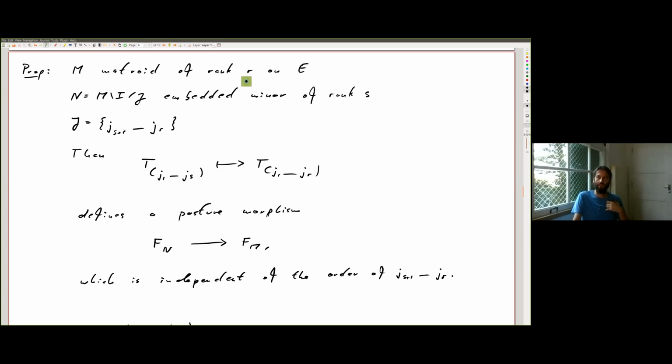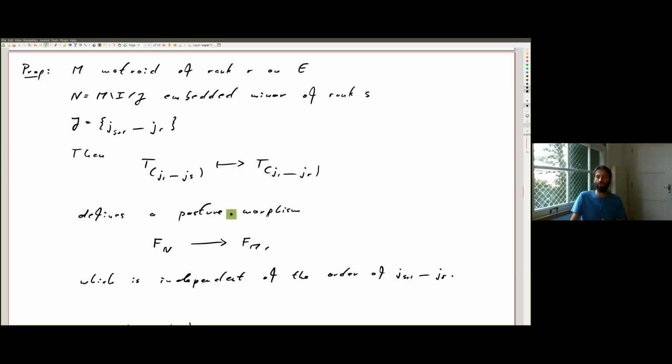So I write them as J_{s+1} to J_r, where the number of elements equals the difference of the ranks, right? And then I can write down the association of elements in the extended universal pasture, T of J1 to Js, which is an element of P_N plus, goes to T of J1 to Js, J_{s+1} until Jr, which is an element of P_M plus of the universal pasture.